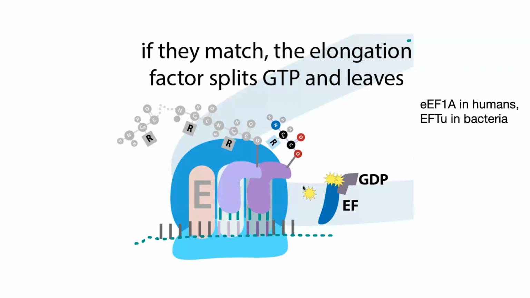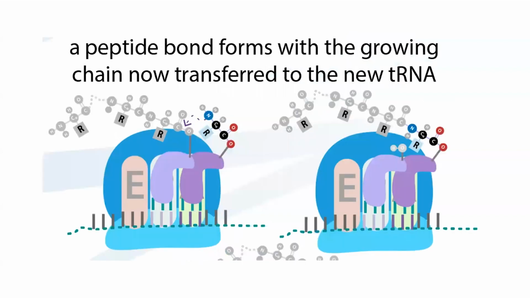And now the elongation factor goes from liking to bind to the ribosome to not liking to bind. And so once it doesn't like to bind anymore, it's going to fall off, and then it can be regenerated. It can get a GTP swapped back in, and then be used to bring in another tRNA. And so in this way, you're spending energy to make sure that the right tRNA gets added.